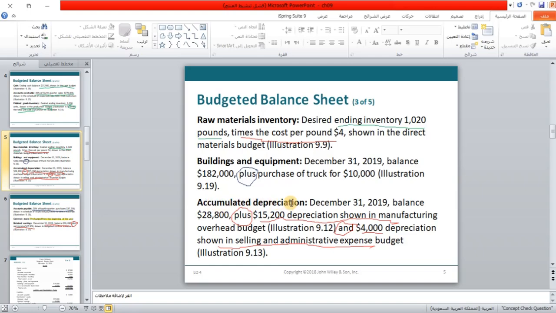Accumulated depreciation will be the balance at December 31, 2019, plus the depreciation for the current year, 15,200 shown in the manufacturing overhead budget, plus $4,000 depreciation shown in the selling and administrative expense budget.